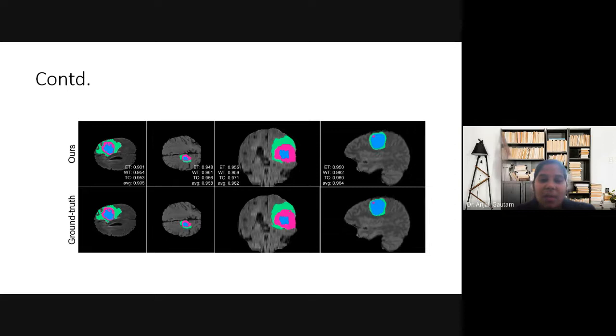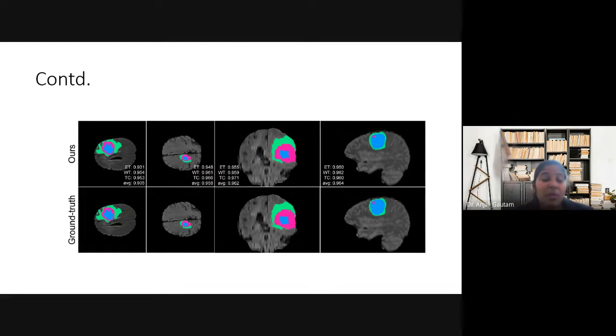Here you can see the results obtained by them in the first row, and the ground truth information. The accuracy they obtained was about 79%. They have just shown the result on the best image.